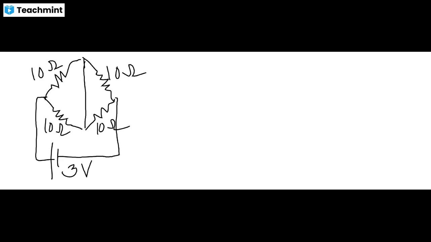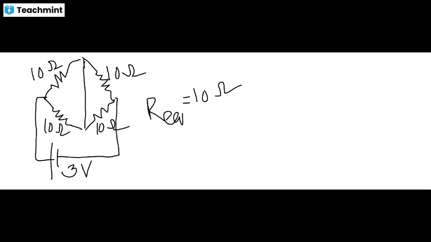Equivalent is 10 ohm. What to find? Current. I will use V by R, and we get 0.3 ampere. So the equivalent resistance is 10 ohms and the current is 0.3 amperes.